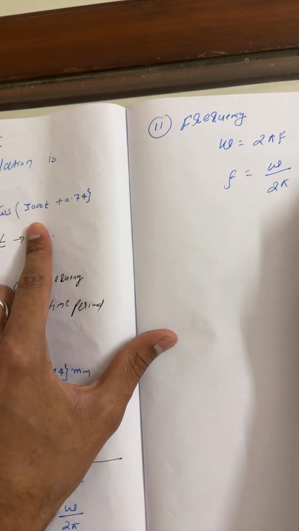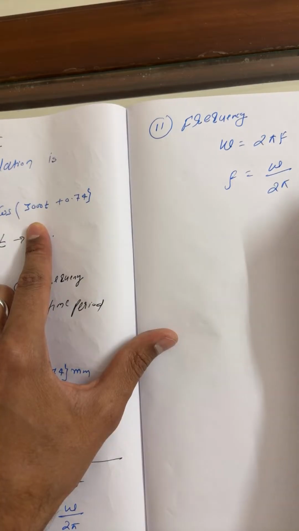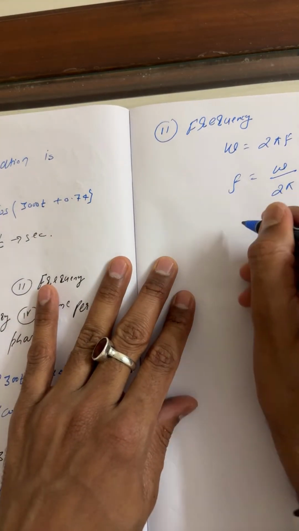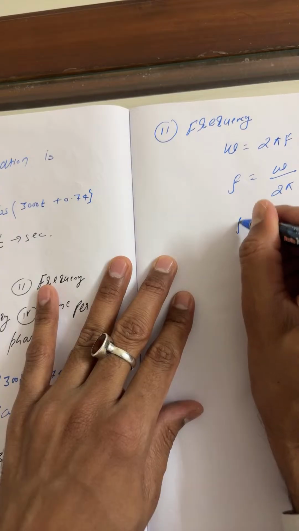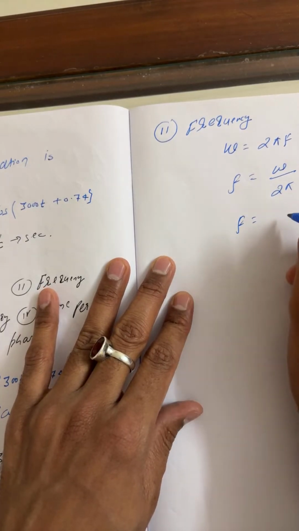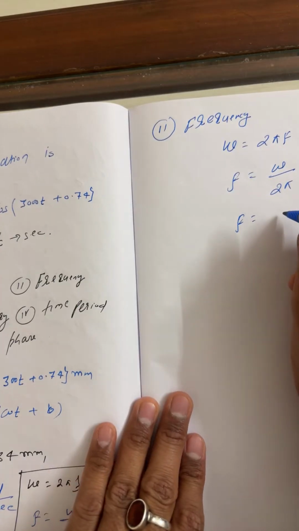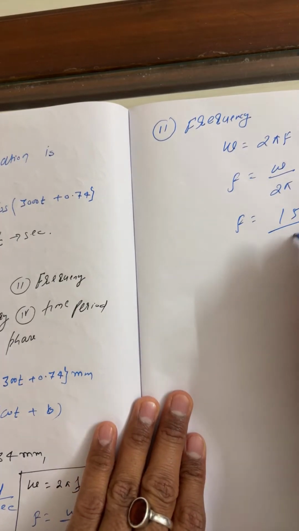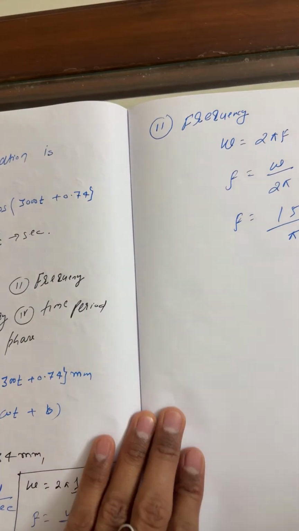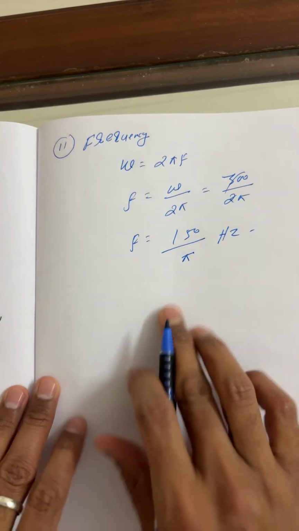So 300 upon 2 pi, the 2 cancels here. Frequency is 150 upon pi in hertz.